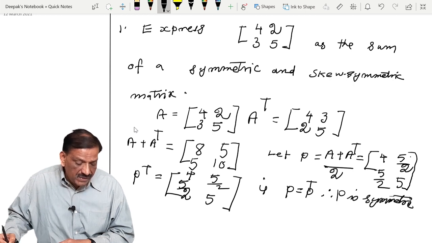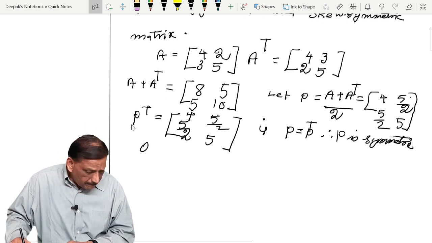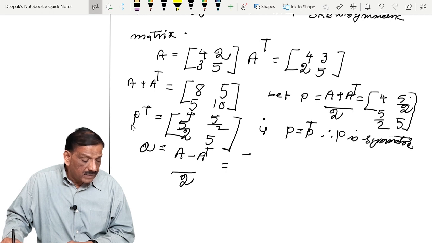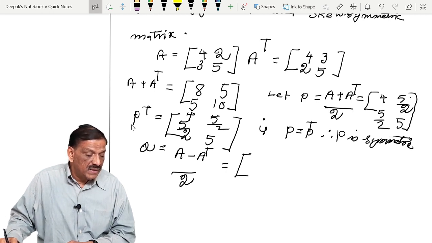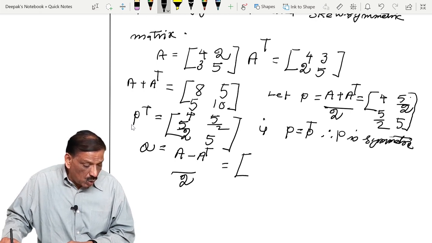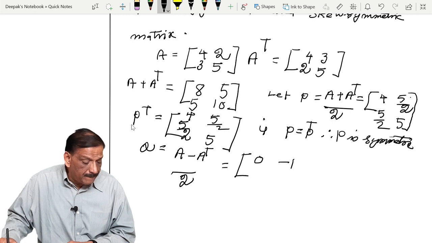Similarly, Q is equal A minus A transpose by 2. A minus A transpose, that is 4 minus 4, that is 0. Then 2 minus 3, that is minus 1.